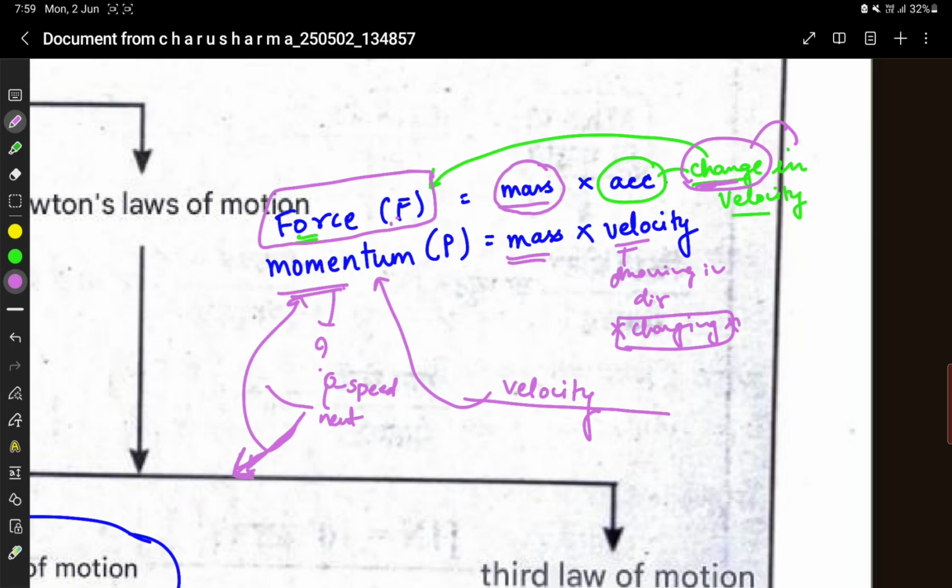When the ball has a normal speed, your hands can control it, so you are not making it move backward. But when a ball is coming with a very high speed, your hands will automatically move backward.